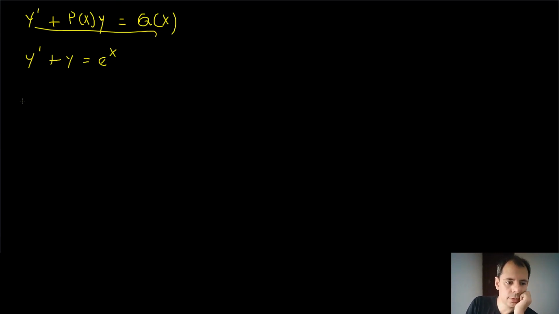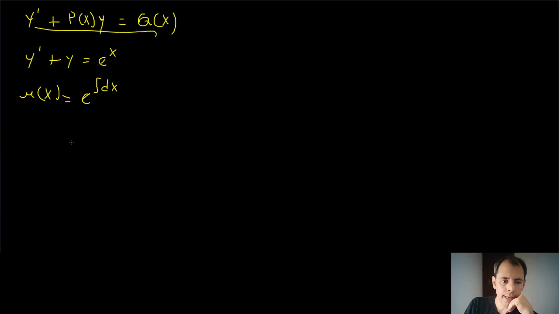So what do we do? We say that first you have to find the integrating factor, u of x. It's going to be e to the integral of px dx. Well, px is just 1, so e to the integral of dx. That's the stuff.